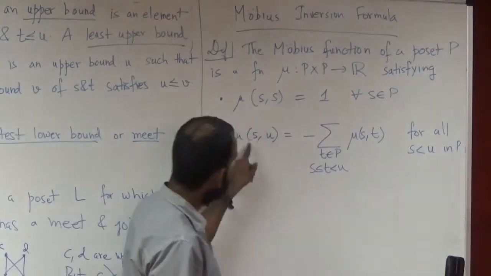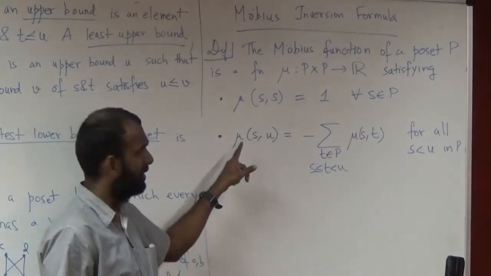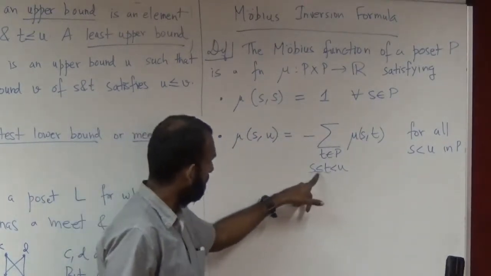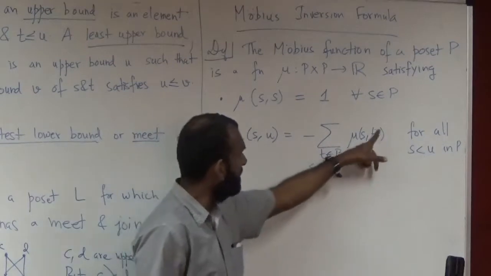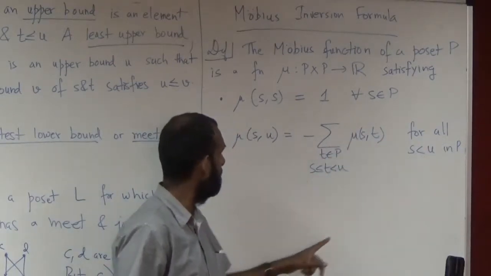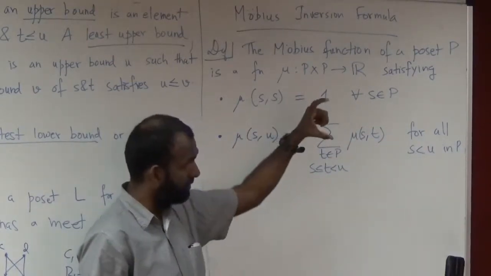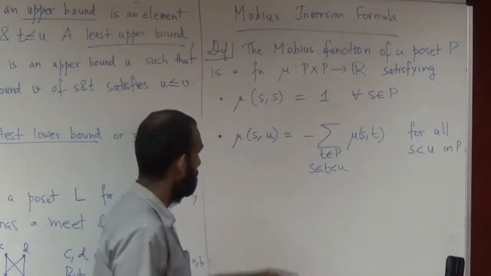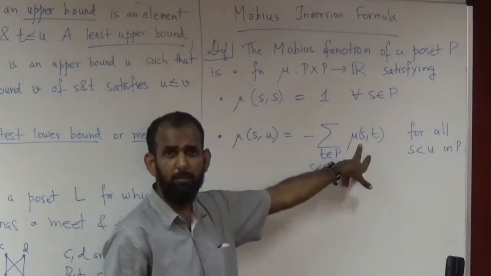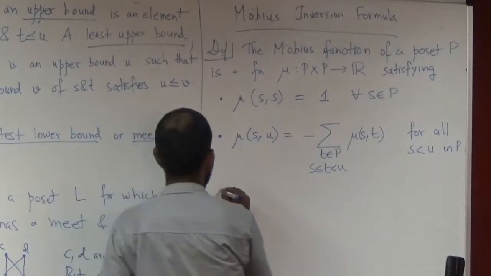You sum over all possible smaller ones, and each time you will get a sum where the gap is going to get smaller. So this will be a finite sum. Okay, so this will work.